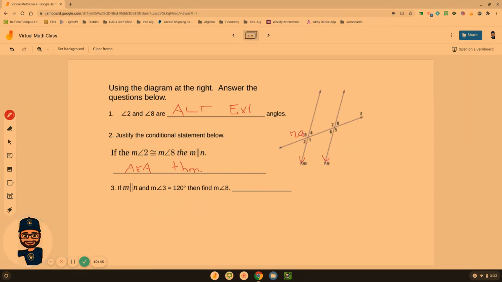So 3 corresponds to 7. So angle 7 would have to be 120. Why do I want that? Well, because 7 and 8 are a linear pair, and together they would have to equal 180, leaving us with 60 degrees for angle 8.